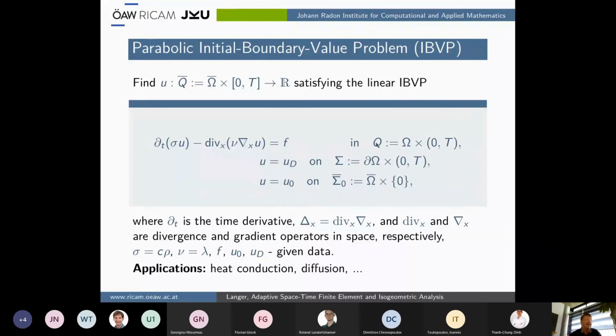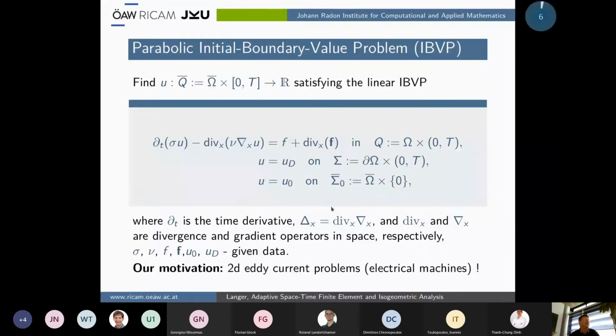So we live in a space-time cylinder. Omega is the space domain, and (0,T) is the time interval we are interested in. The lateral surface is denoted by sigma, the initial face of the space-time cylinder by sigma 0, and the final face will be denoted later by sigma T. So this is the heat conduction problem.